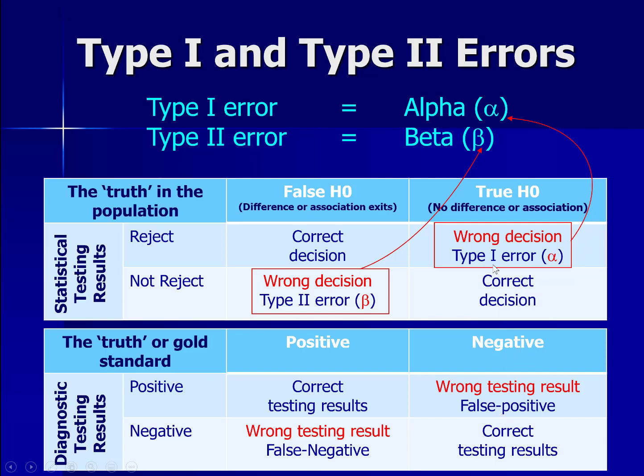So it's just like a type 1 error. And if you smell and say it's negative, but in fact it's positive, you get a wrong test result again, called false negative, which is similar to type 2 error.